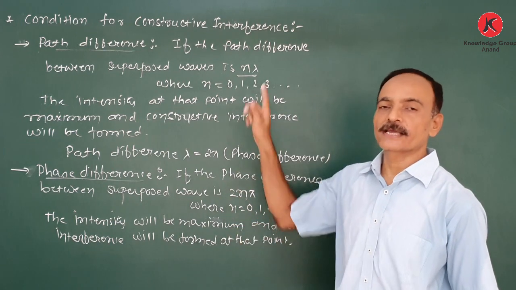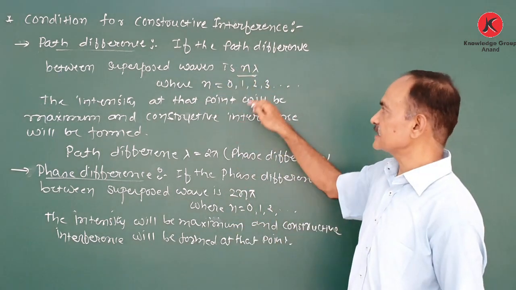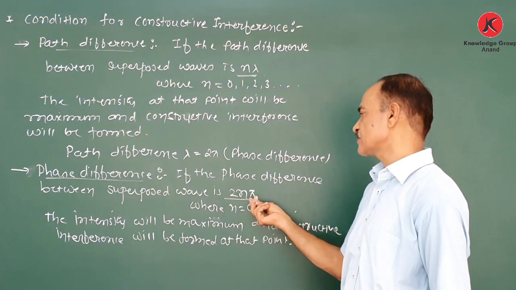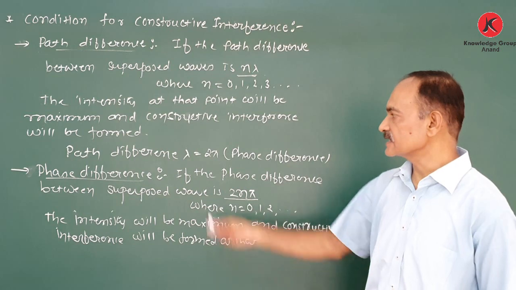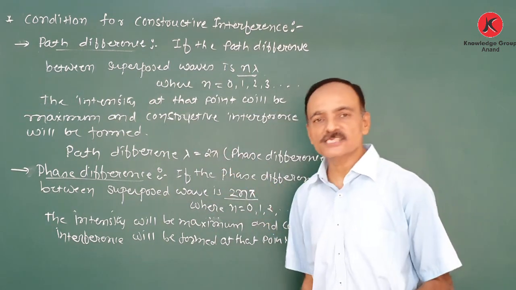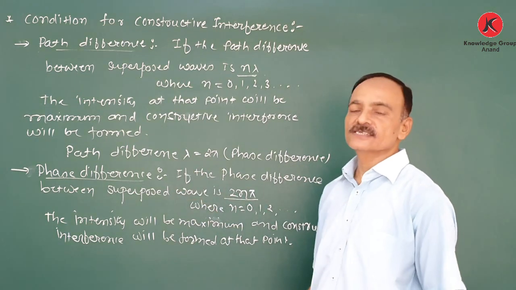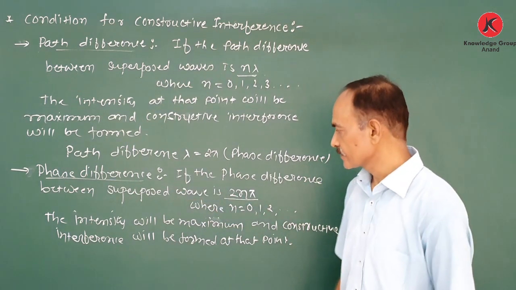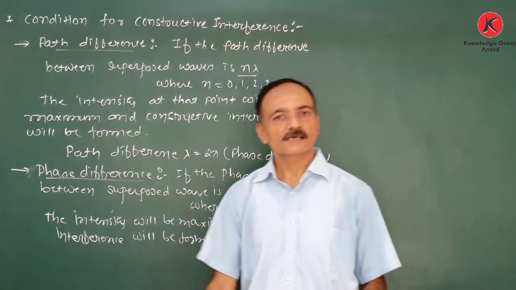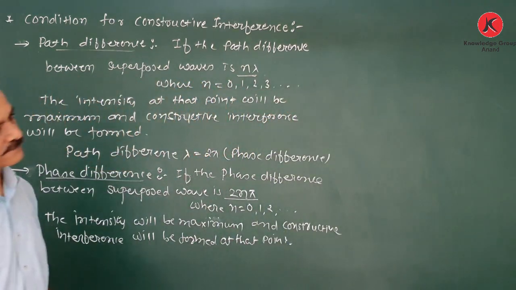Okay. So for constructive interference, path difference is n lambda and phase difference is 2n pi, because lambda corresponds to 2 pi radian phase difference.